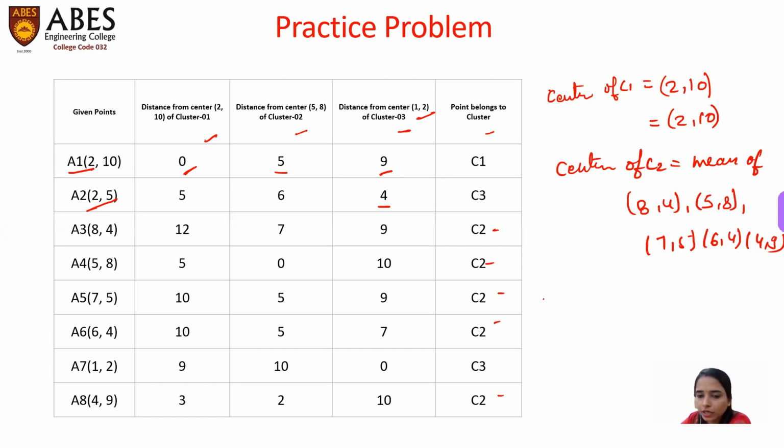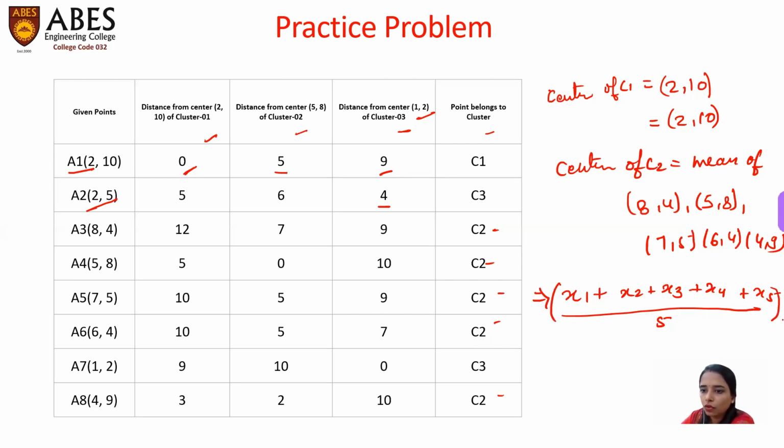So we will calculate x1 plus x2 plus x3 plus x4 plus x5 divided by 5 as the center of the cluster, comma, y1 plus y2 plus y3 plus y4 plus y5 divided by 5.